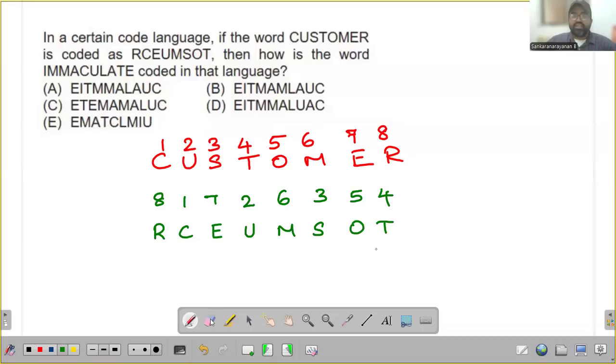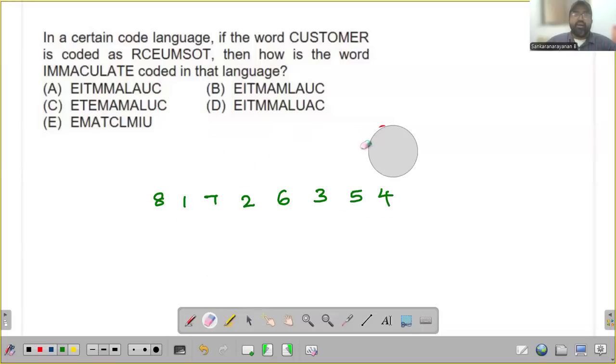Now, in the same way, when we consider the word immaculate, first you have to look at the eighth letter. You have to go ahead with 1, 2, 3, 4, 5, 6, 7, 8.